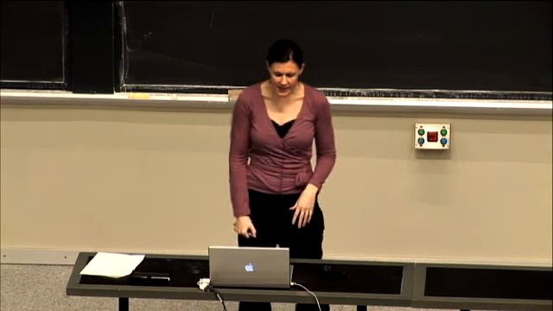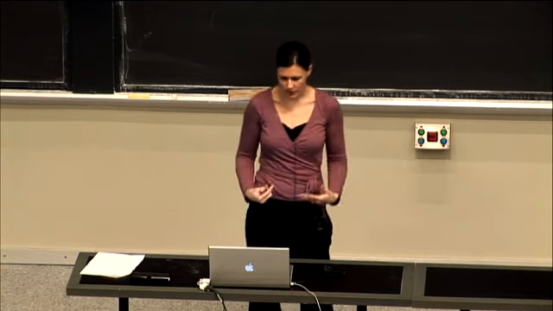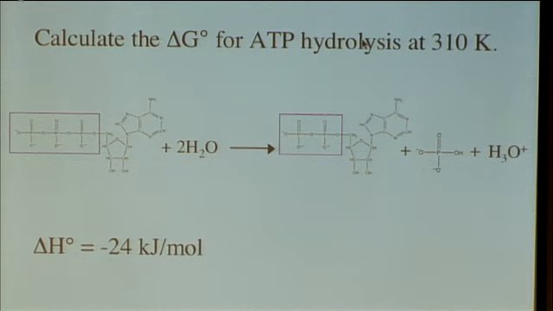So I'll tell you that the delta H of this reaction is negative 24 kilojoules per mole. This is what we actually calculated in class on Friday. And the delta S is plus 22 joules per K per mole. So we can go ahead and calculate what this delta G is here.